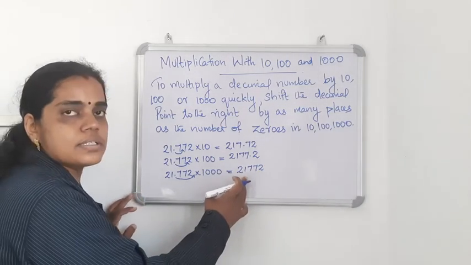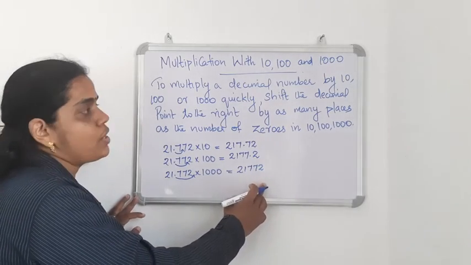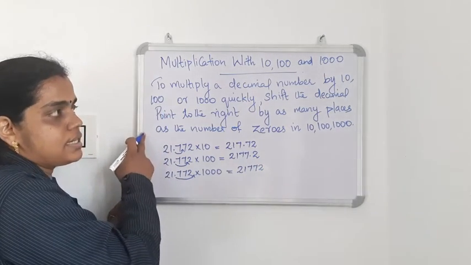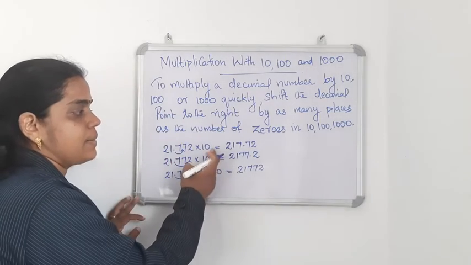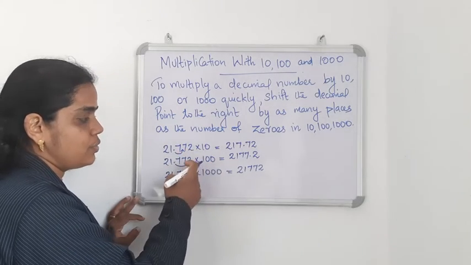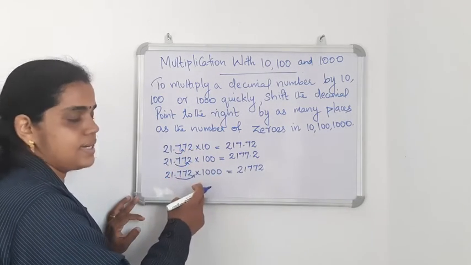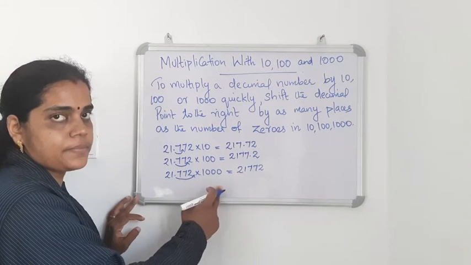So the answer is 21,772. So read and understand the statement clearly, then it will be very easy. Multiplication with 10 means 1 digit after the point, 100 2 digits, 1000 3 digits, according to the number of zeros. Okay.